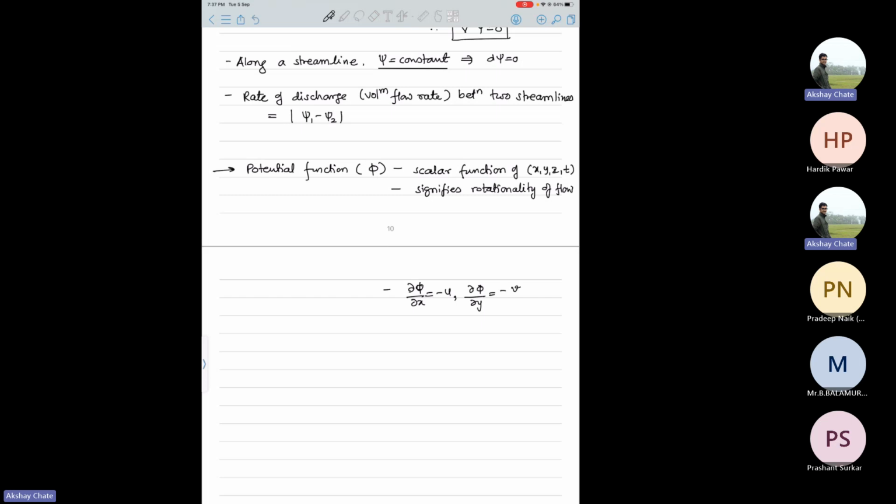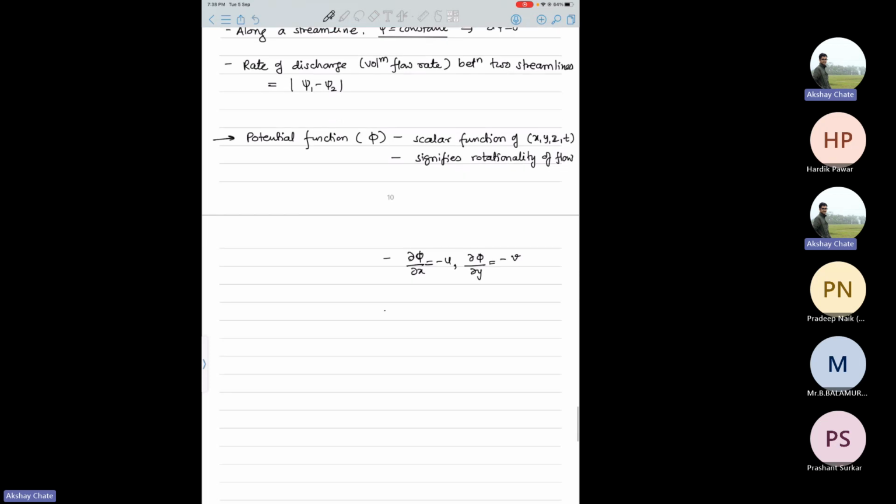So everywhere it will be the negative of the respective component. And again, it is defined for steady and incompressible flow.